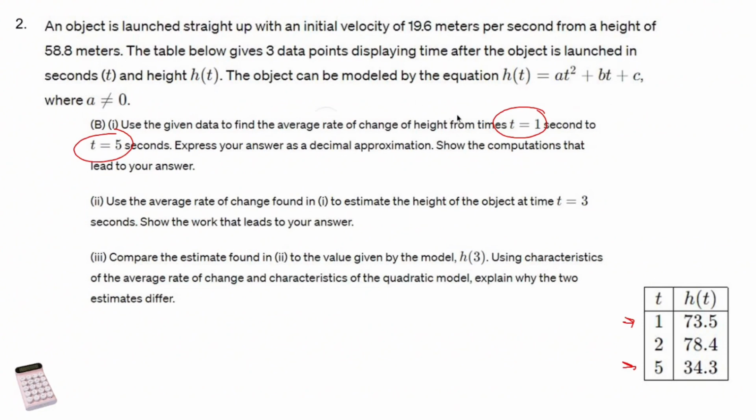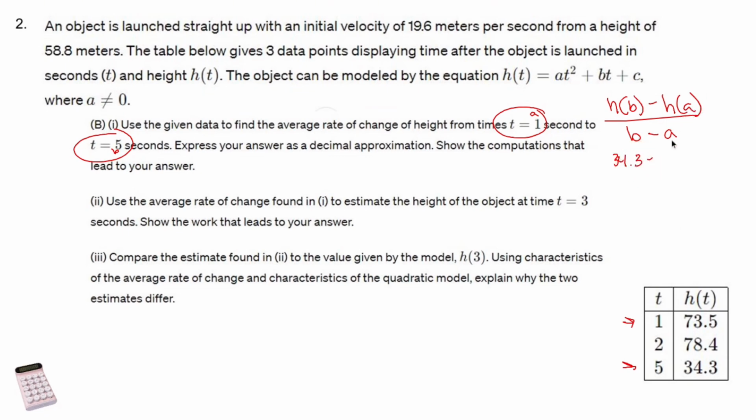So the average rate of change is given to you by the formula h of b minus h of a over b minus a. You would be my a, you would be my b. So h of b would be the same as h of 5, which is 34.3.